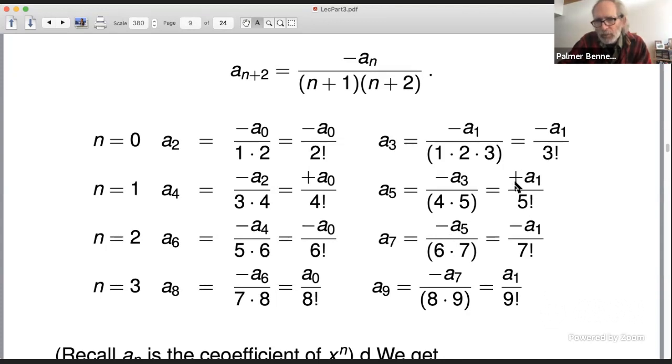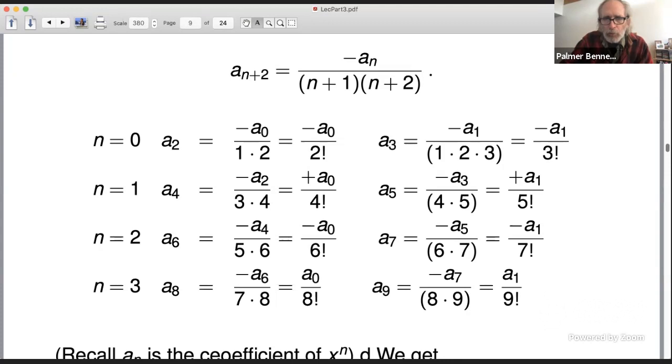And then using the previous formula, that's going to be negative A1 over 5 factorial times 6 times 7, which is 7 factorial, etc. Okay, so A naught determines all the coefficients with even index, going down this column. And A1 determines all the coefficients with odd index going down this column in this way.